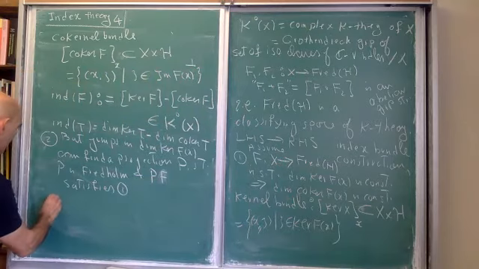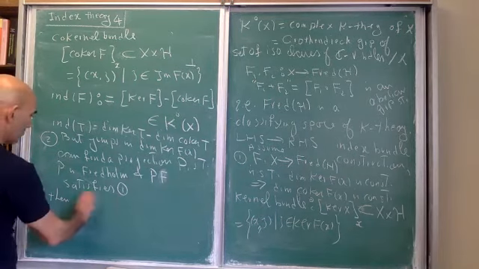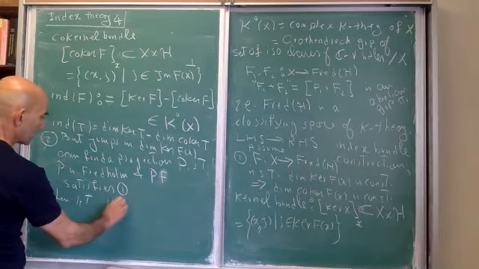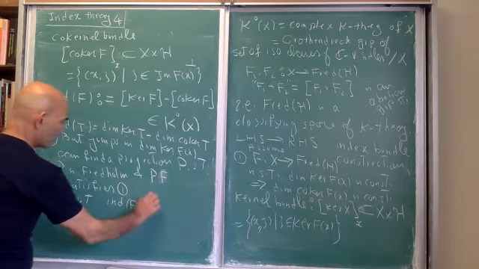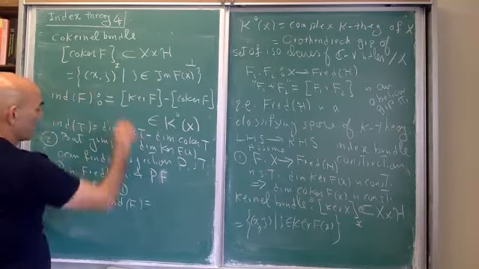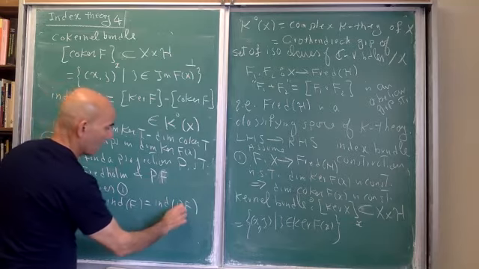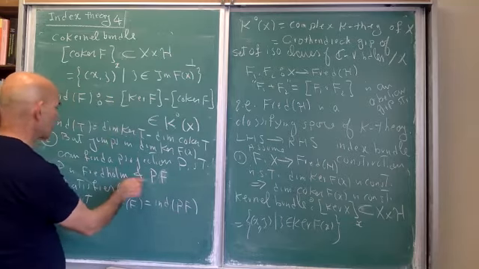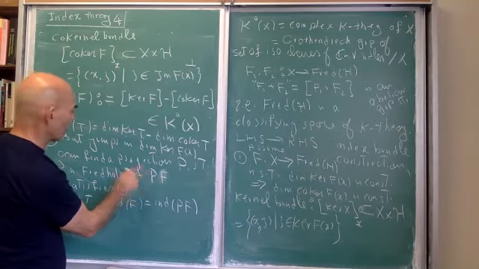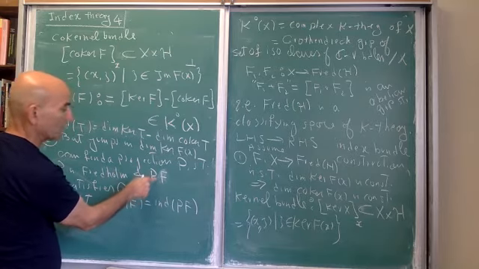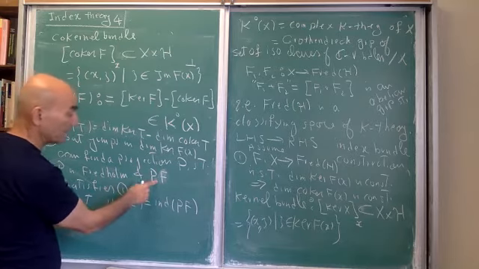And then define, let index of f to be index in this sense of families. Now, one thing you should notice is that this P is self-adjoint because it's an orthogonal projection. And if it is Fredholm, then its index is 0.